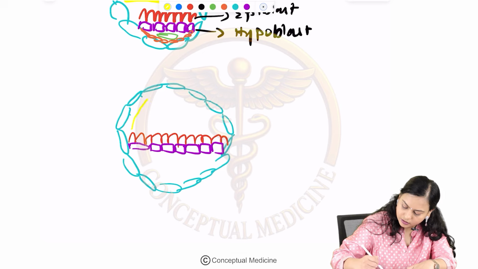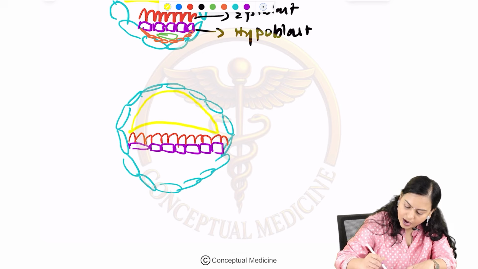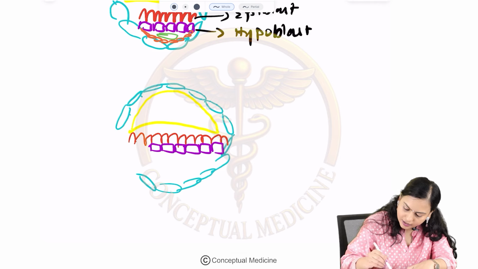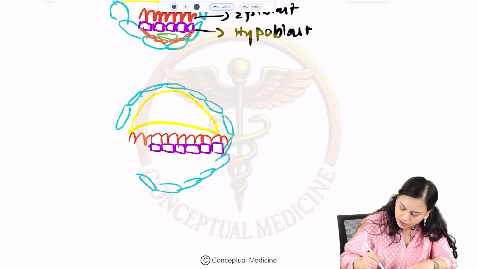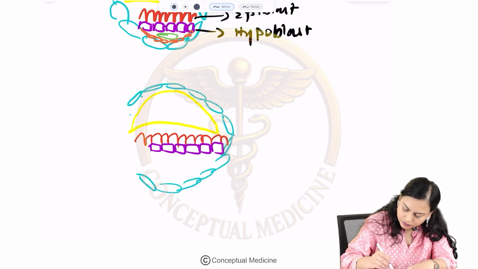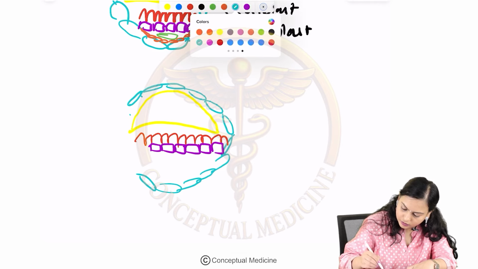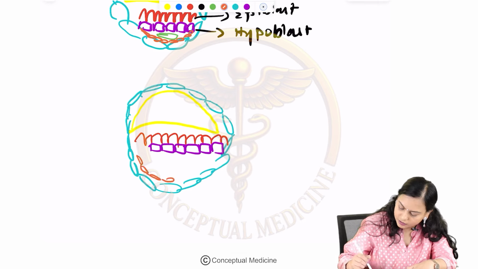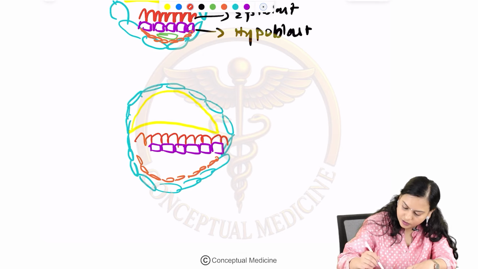Here one cavity is already formed, that is the amniotic cavity, and then we have another layer of cells formed here from the hypoblast, right.